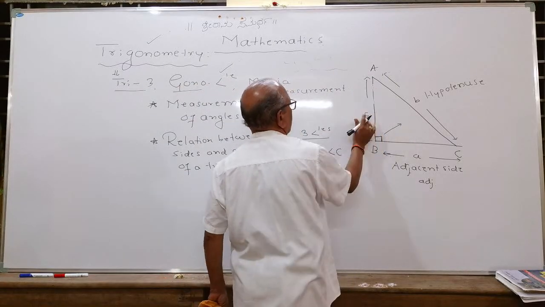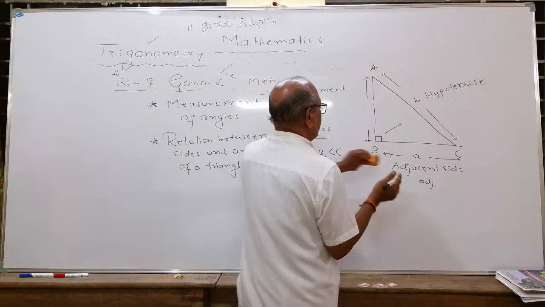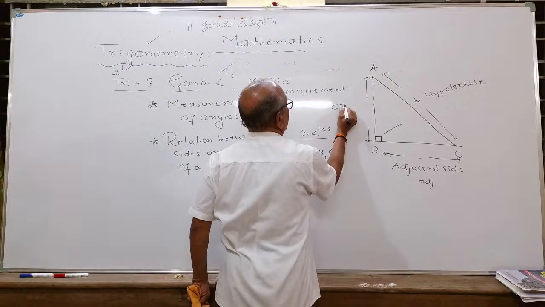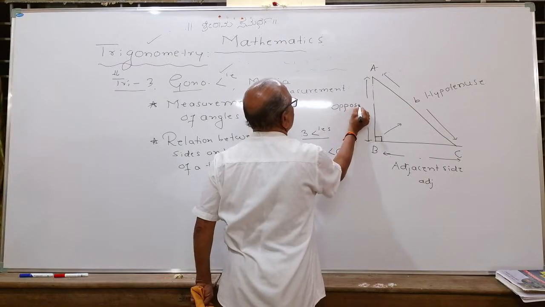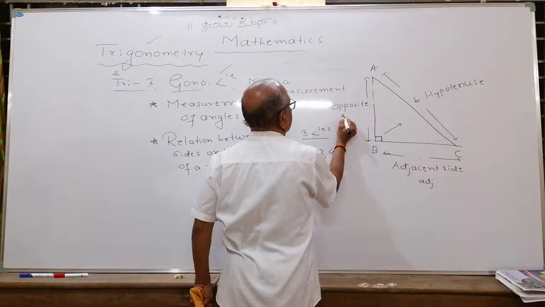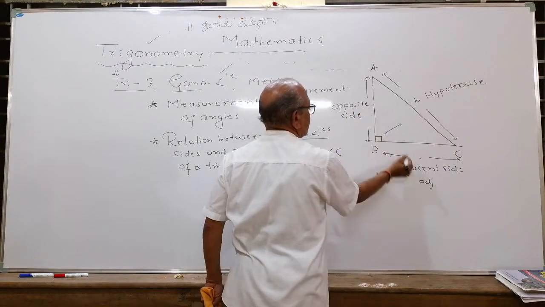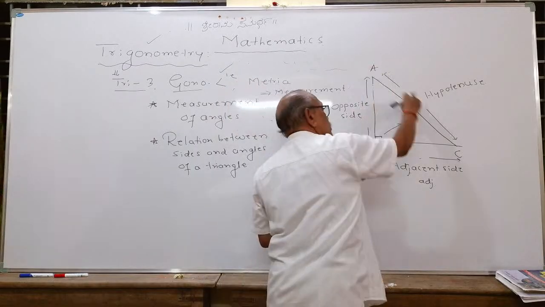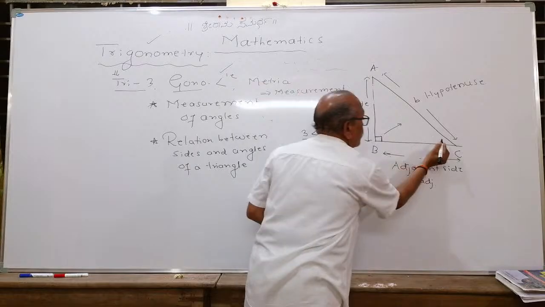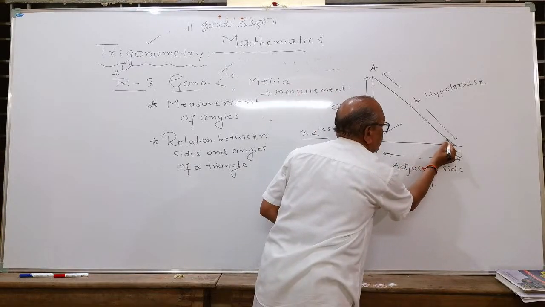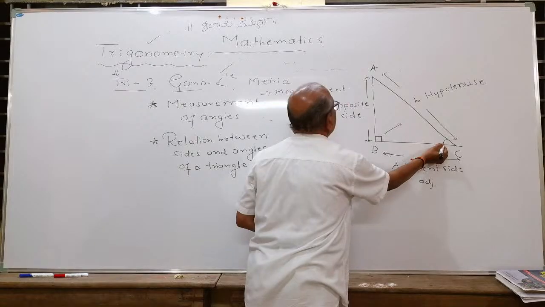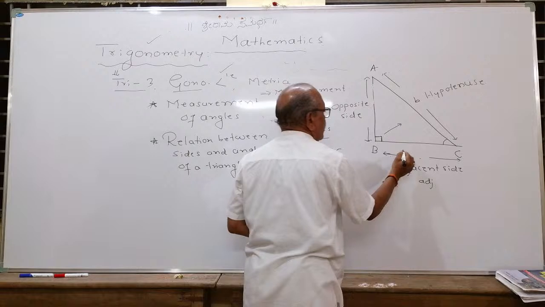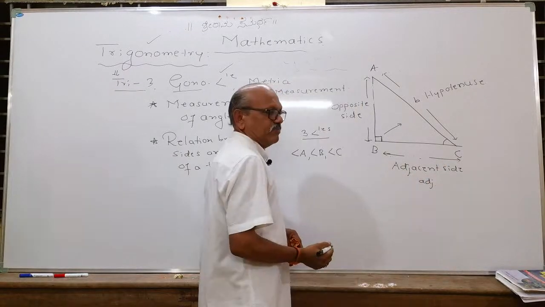Generally, this perpendicular, in trigonometry, we write it as the opposite side. It is opposite to which angle? This opposite side and adjacent side will depend on which angle you are taking. But the hypotenuse will be fixed. If you are studying trigonometry with respect to angle C, then AB becomes the opposite side, and BC becomes the adjacent side.